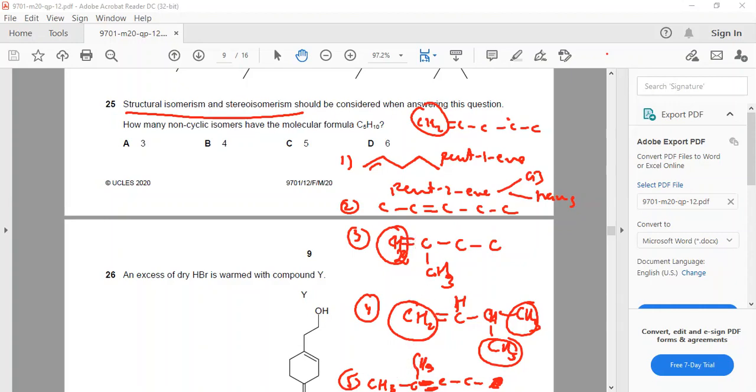Now we move the double bond. So if the question were only about structure, there would be 5. But the answer is structure plus stereo: 1, 2, 3, 4, and number 2, 5, 6. Keep in mind, if we are considering the stereoisomers, we don't count its structure, because structure is any one of them. So the answer is 6.